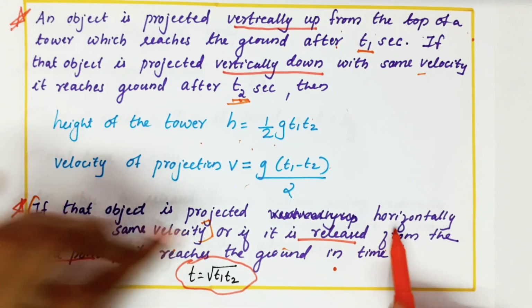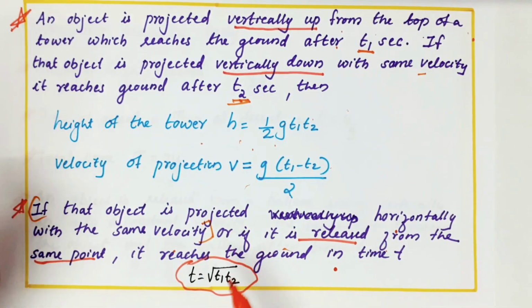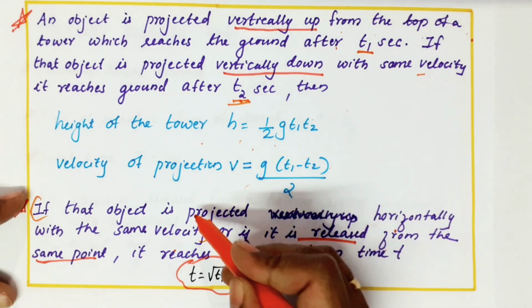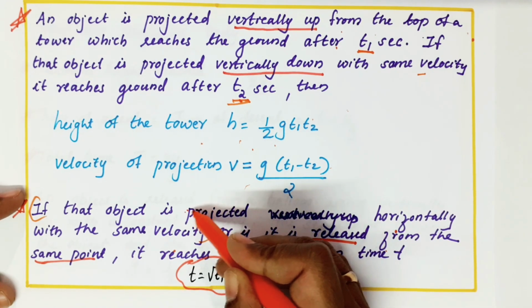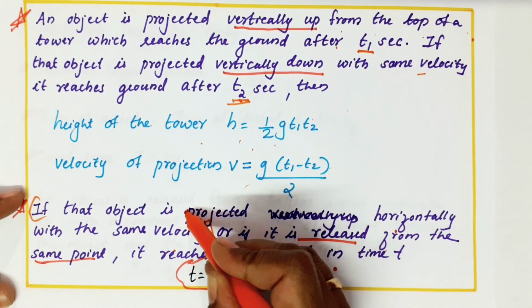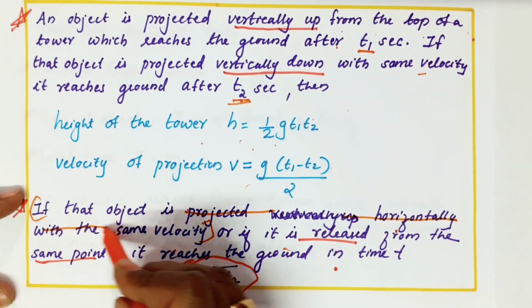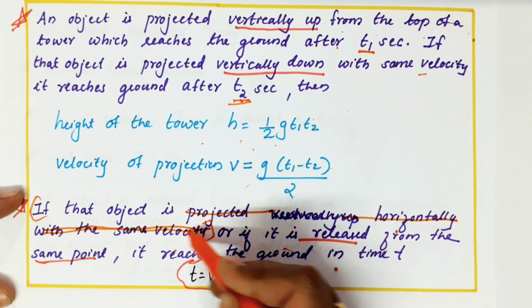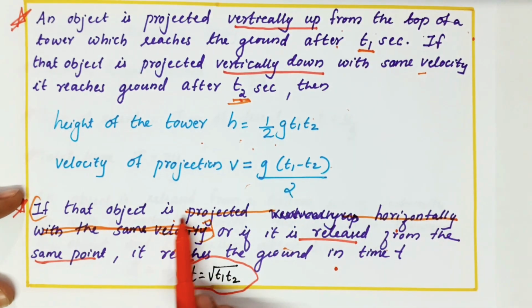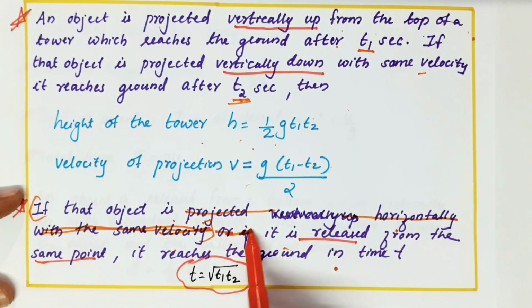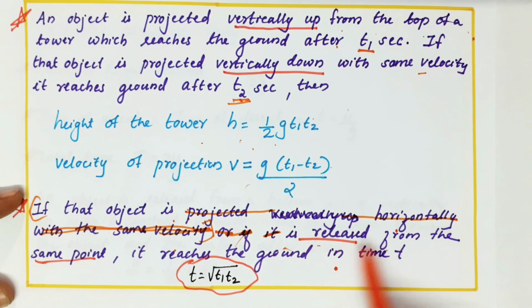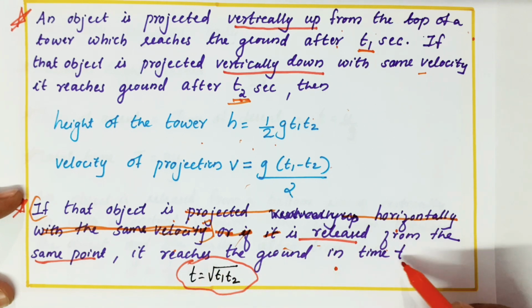If the object is released, that's better. So if the object is released from the same point, it reaches the ground in a time of t.